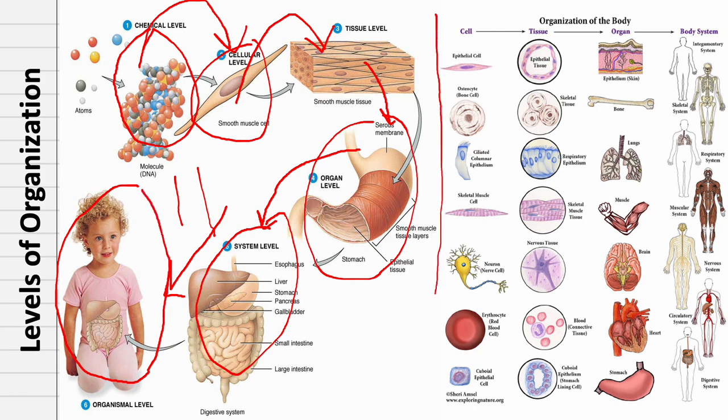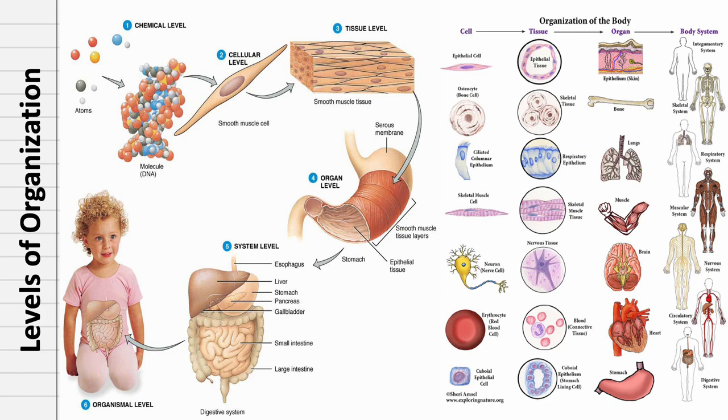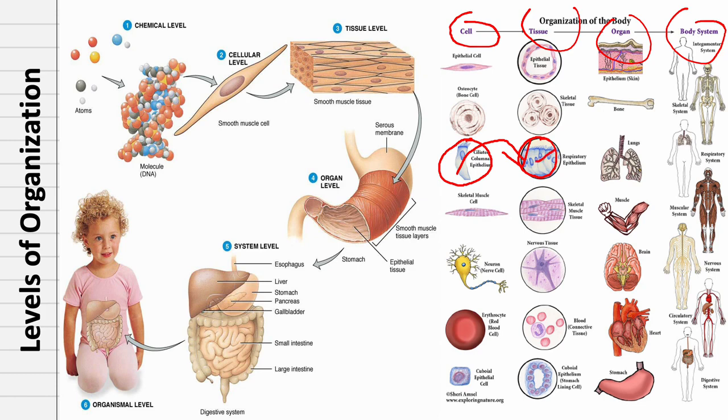On the right side, we have the different levels of organization such as cell level, tissue level, organ and body system. For example, the ciliated columnar epithelium is one kind of cell. These cells join together and make a tissue, such as respiratory epithelium, and these tissues join together to form the lung parenchyma. The lung is an organ, and different organs in the respiratory system make a system such as the respiratory system.